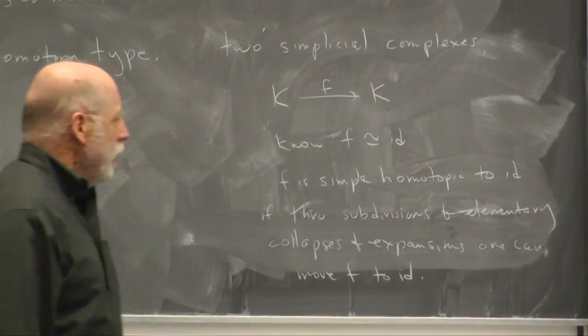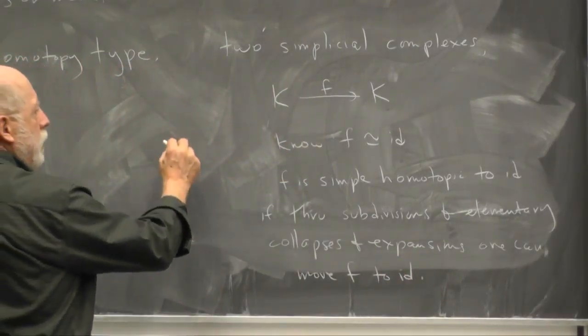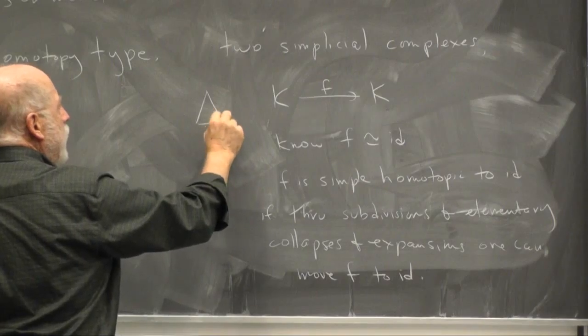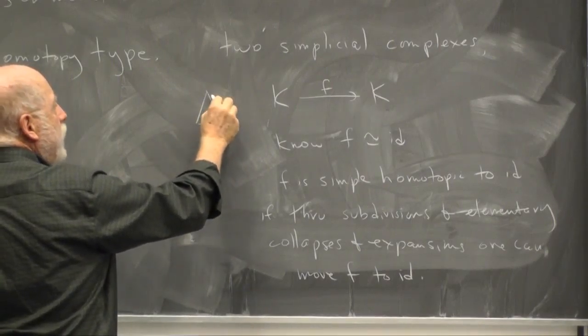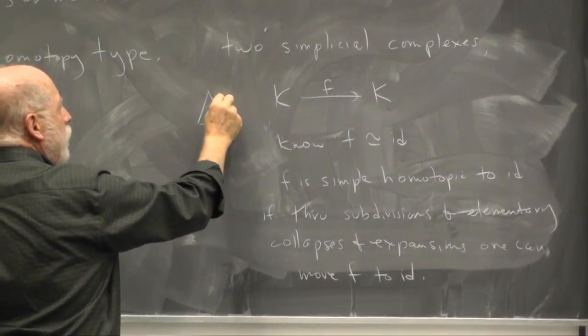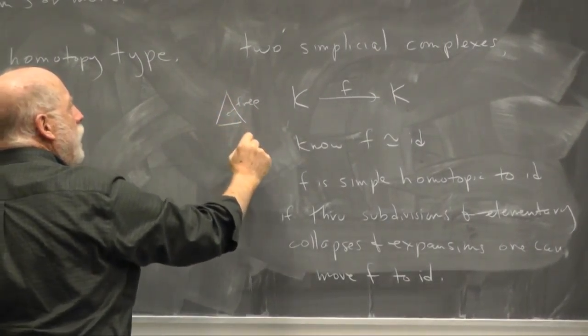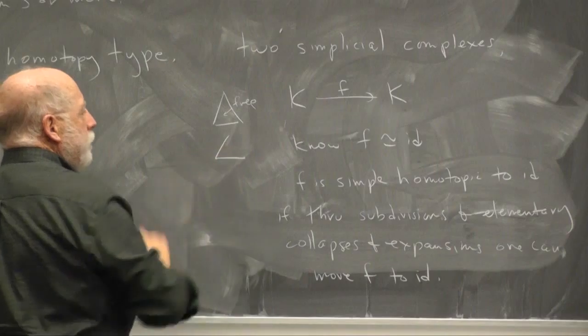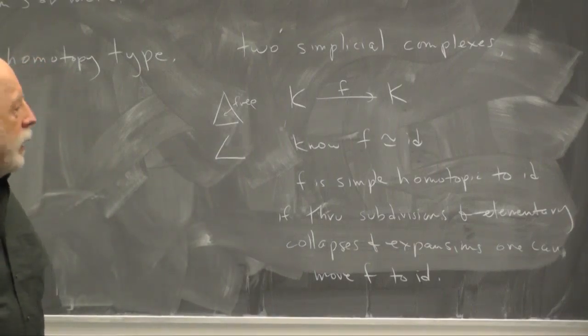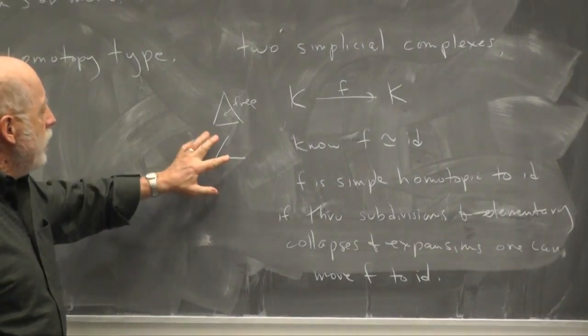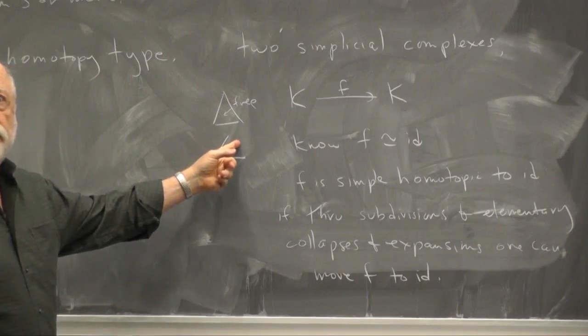So an elementary collapse, you have a simplex, you have to have a free face. Let's say this one's free. Then you just collapse it down to this. That's a collapse. And an expansion is the reverse. If you see that, you put in a simplex.